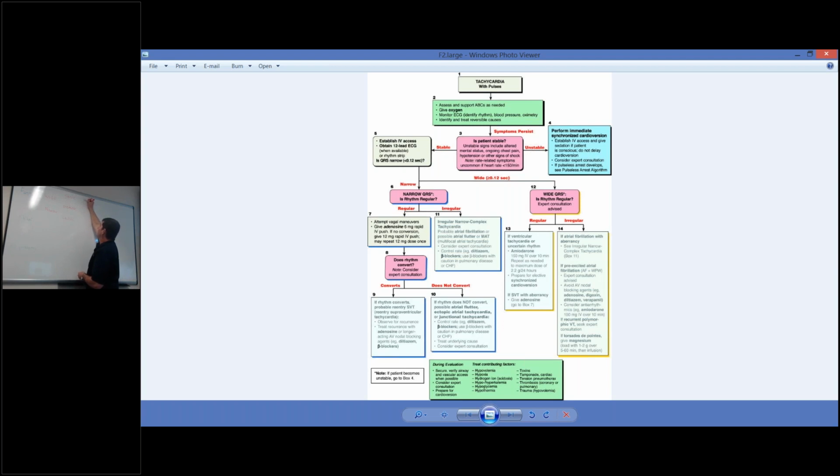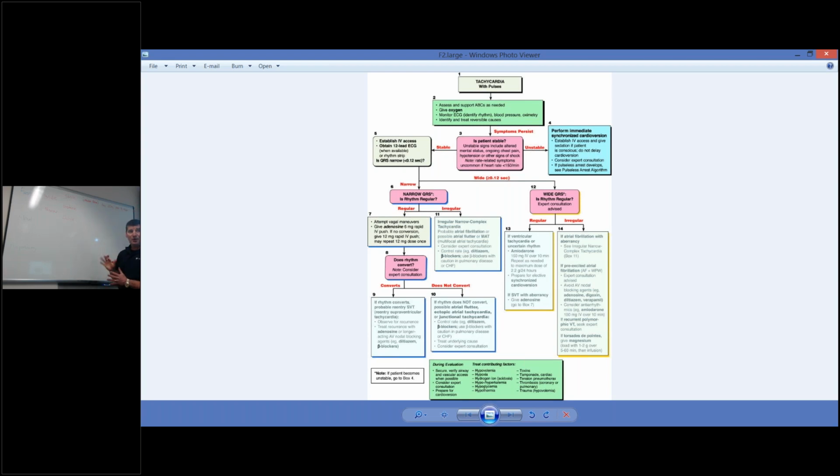I can consider using adenosine, 6 milligrams, if I feel that the rhythm may not actually be VTAC but may be something else. We're just going to consider that. But my treatment for true VTAC is going to be amiodarone, 150 milligrams diluted, given slow over 8 to 10 minutes.